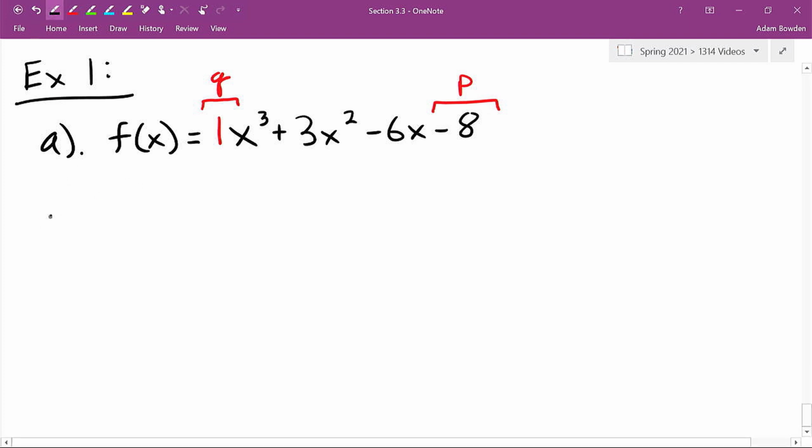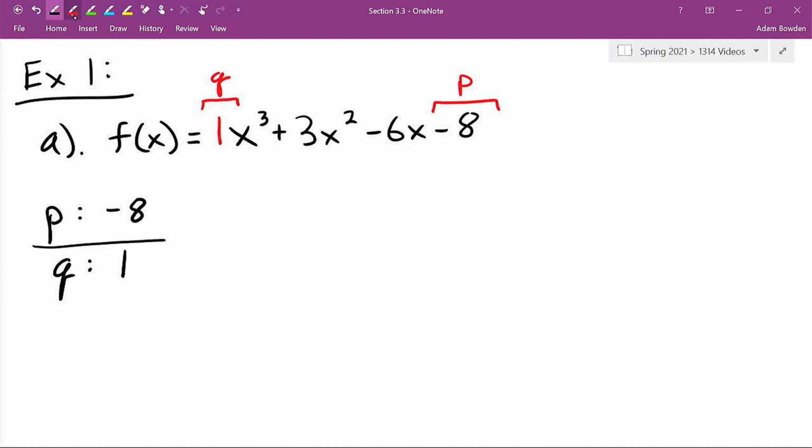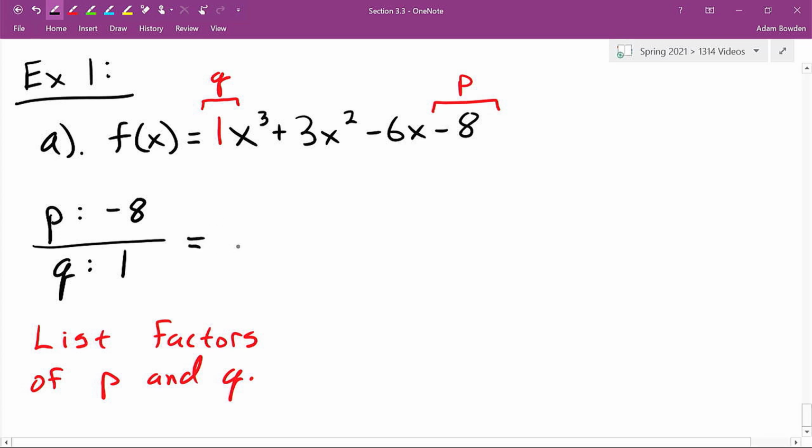So when we do the possible rational zeros, we think of the p referring to the -8 on top and the q referring to the 1 underneath. And I list out the factors of each of these numbers. So for 8, -8 or 8, either way, factors of 8 are 1, 2, 4, and 8.